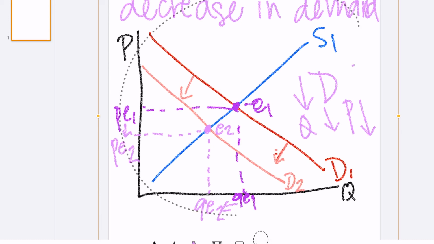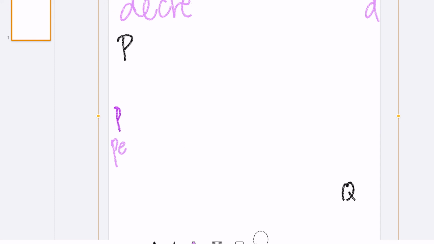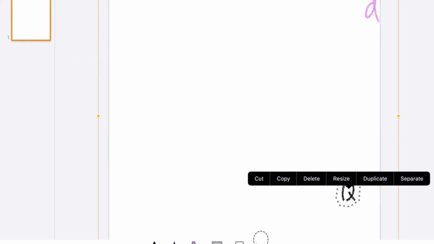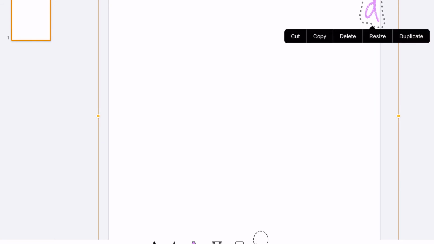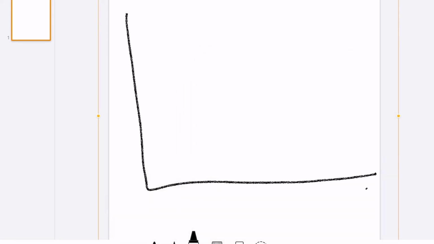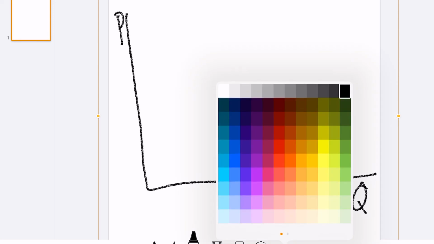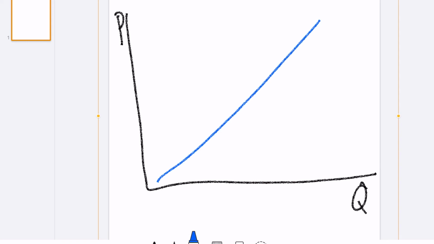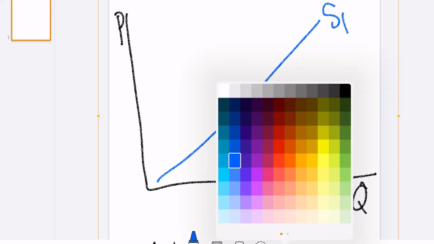The next one we're going to do is a decrease in supply. So I'm going to erase everything very quickly. While I'm doing that, you're going to set up your graph if you are following along. We'll start with our black, and we'll draw our price and quantity, labeling everything. We'll find our color for supply and label it S1.